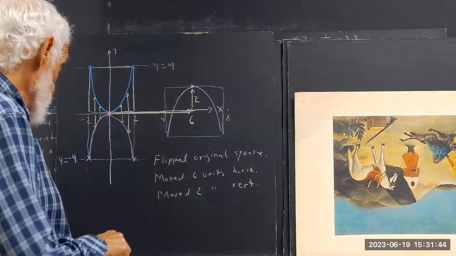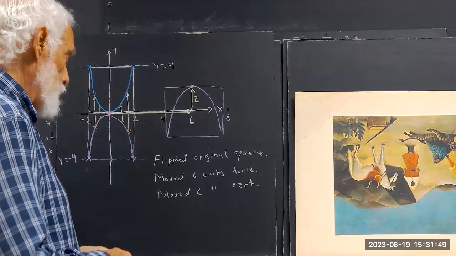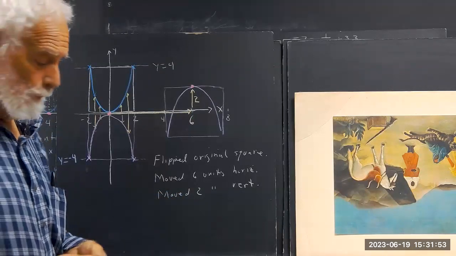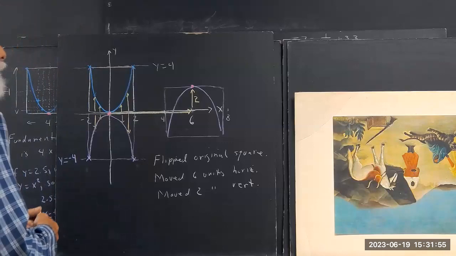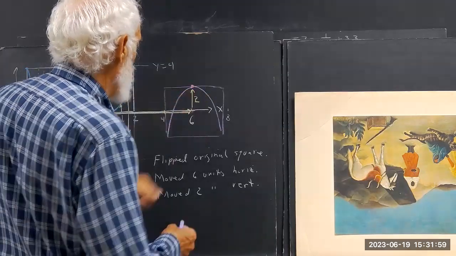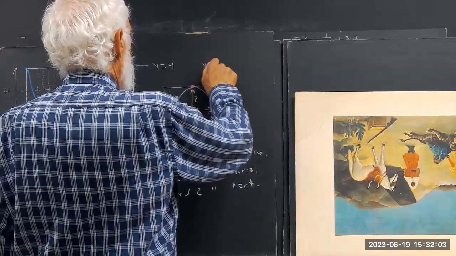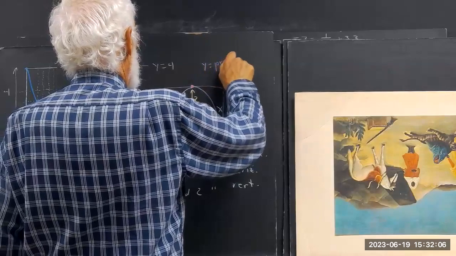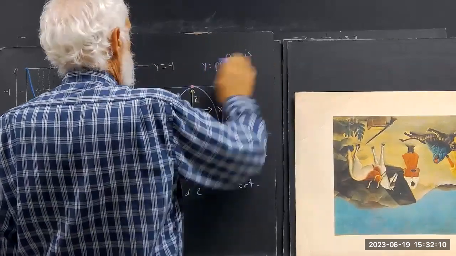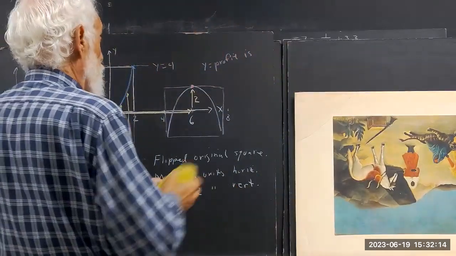Now, I'm going to use this picture to model the profit of a company. So this curve is going to represent profit. I'm trying to say in there what it is.